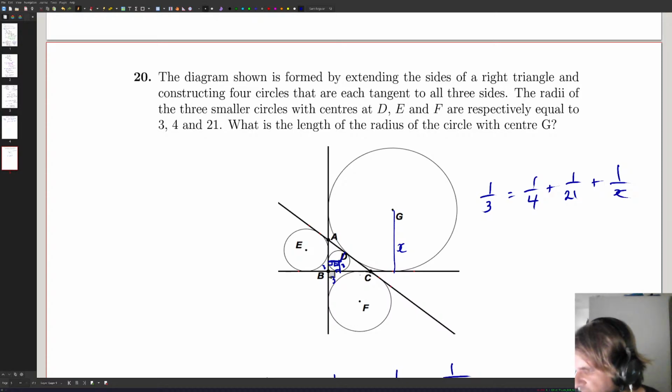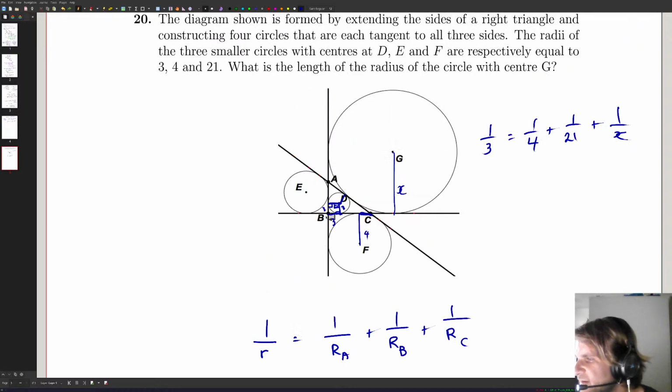14 and 21. Yeah, the other thing is there was a way to relate the length of this line to the length of this line, I think, which is also unfair to expect you to know. Well, maybe it's not unfair to expect you to know it, but there are a lot of things that are known about incircles and excircles, and this is one of those things.